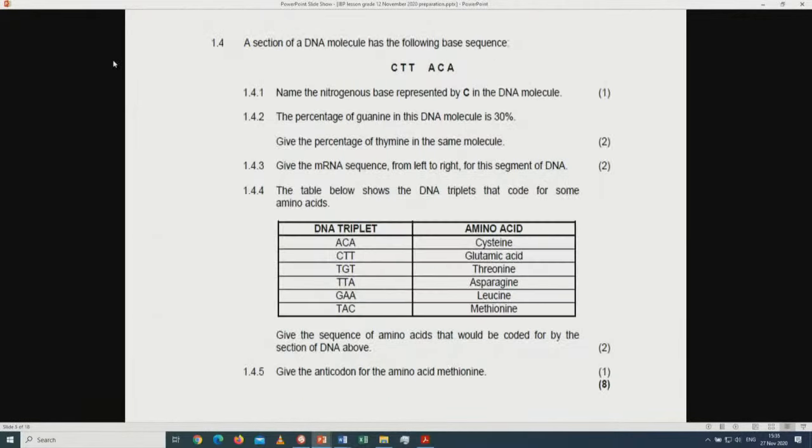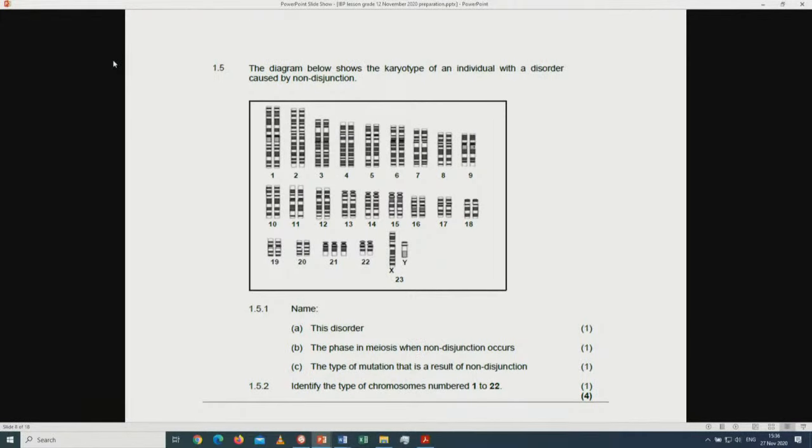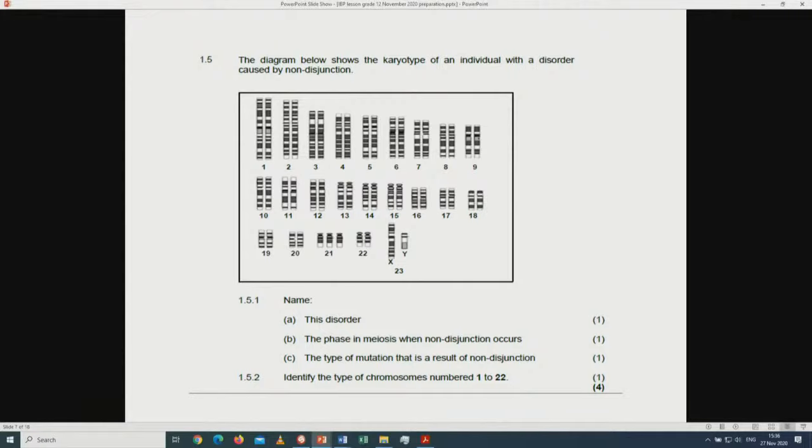Now, if we look at the questions that are based on DNA profile, that's like the questions displayed here. Now we have a diagram that shows a karyotype of a person with a certain disorder that is being caused by non-disjunction. And in our curriculum in grade 12, the disorder that we study that is caused by non-disjunction is Down syndrome.